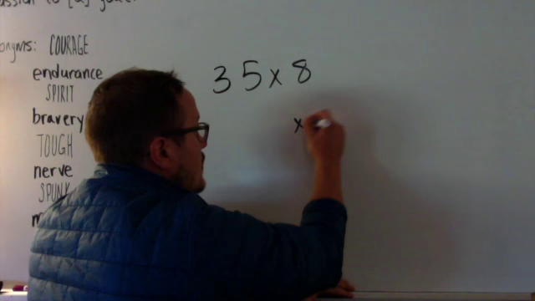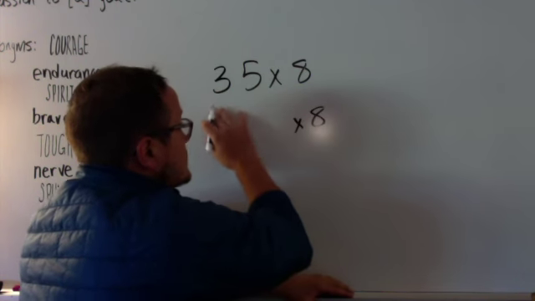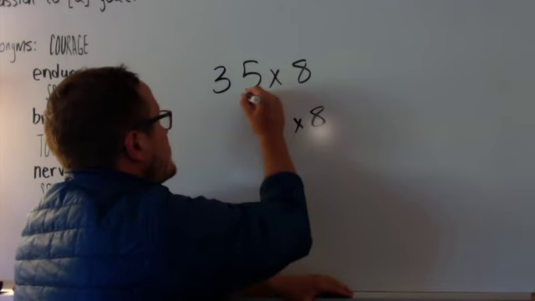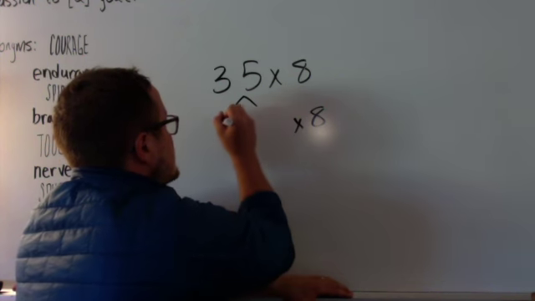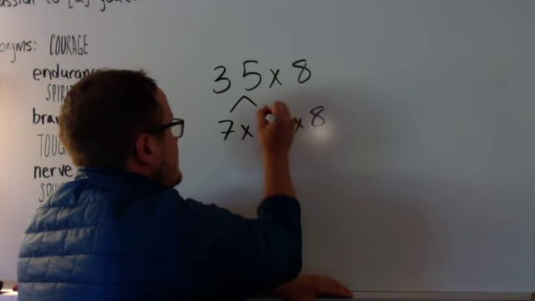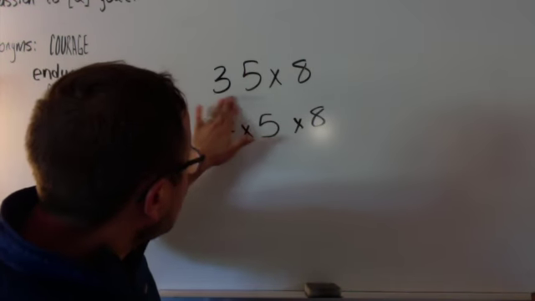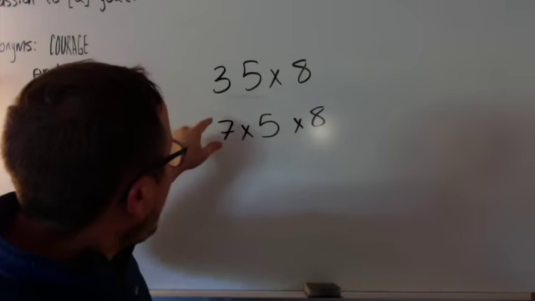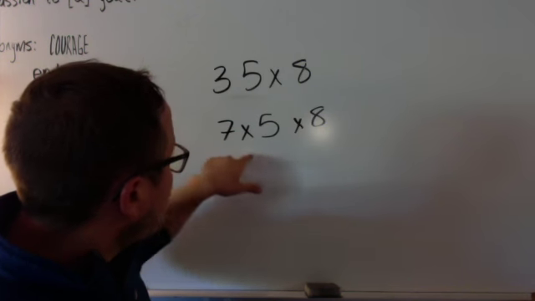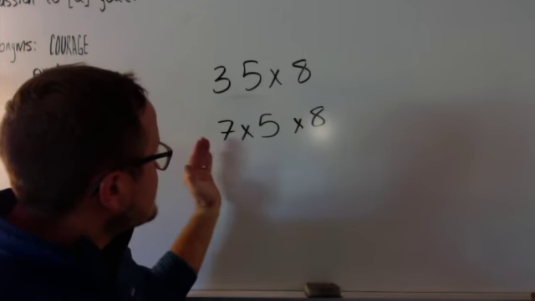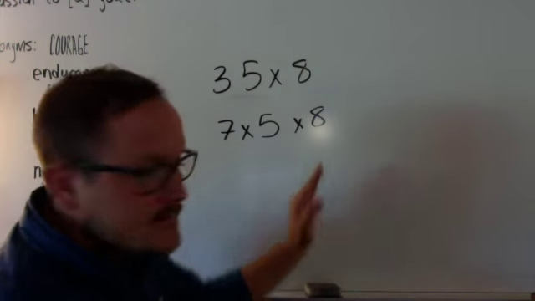Leave 8 completely alone. He's a wonderful number. So is 35. I don't want to make him feel bad. But factor out 35 as 7 and 5. And now we've taken 35, found its factors of 7 and 5, and now we have a sentence of 7 times 5 times 8.